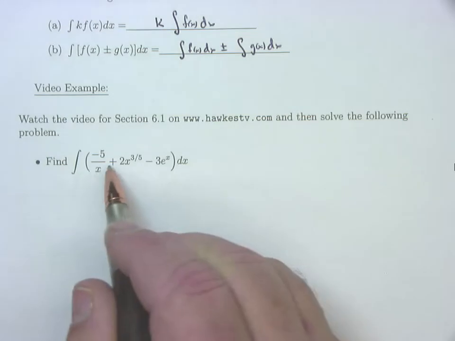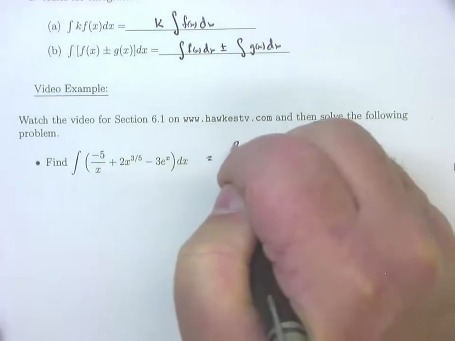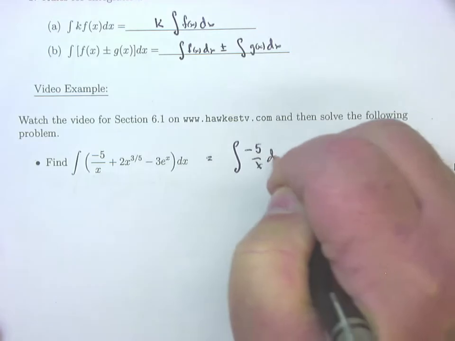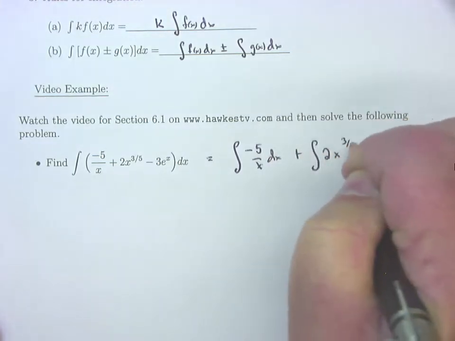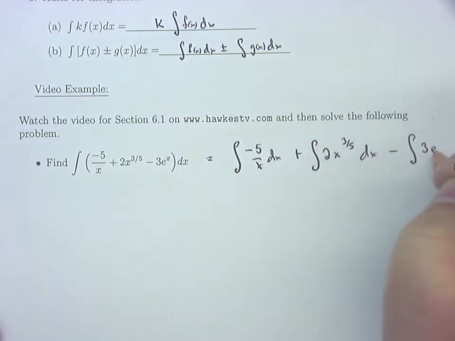When you integrate terms that are being added or subtracted, you get to integrate each one. So this would officially be equal to the integral of negative 5 over x dx plus the integral of 2x to the 3/5 dx minus the integral of 3e to the x dx.